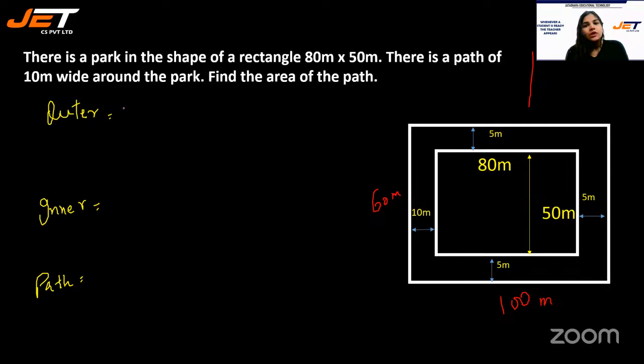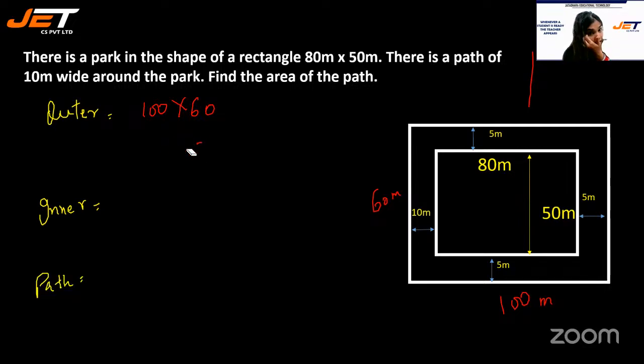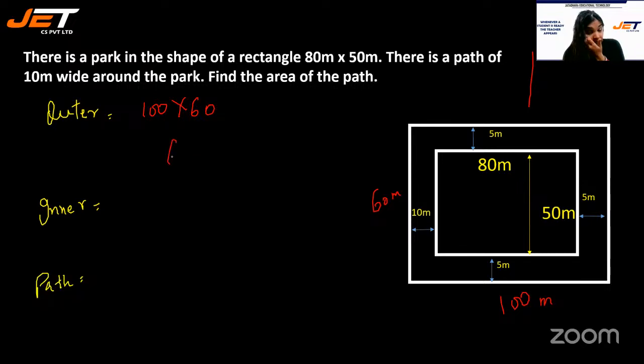Okay, so outer is 100 times 60, which is equal to 6,000 meter square, the area of the outer rectangle.